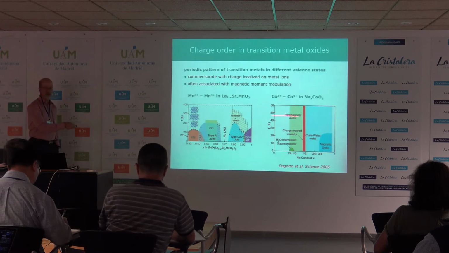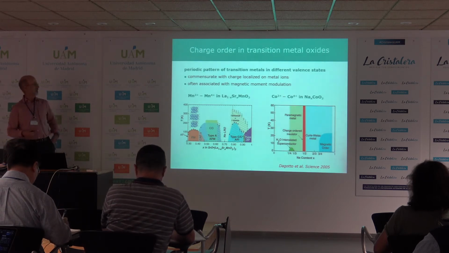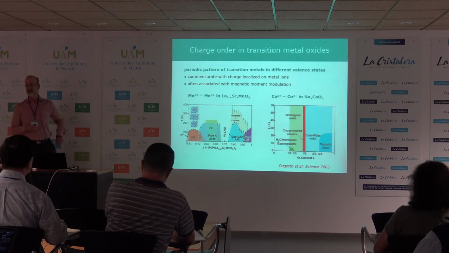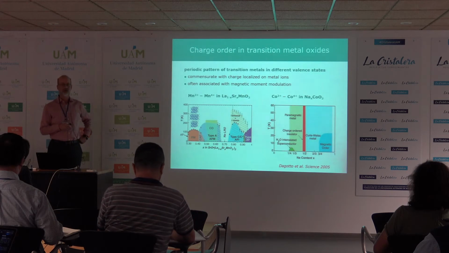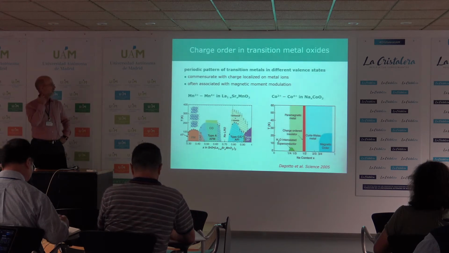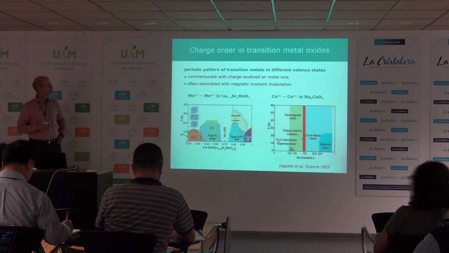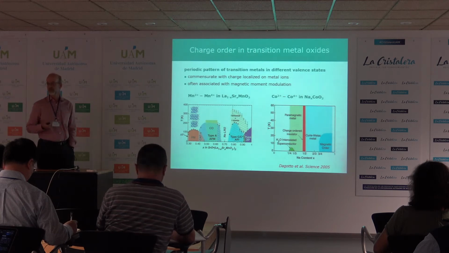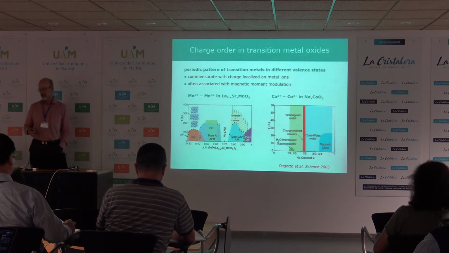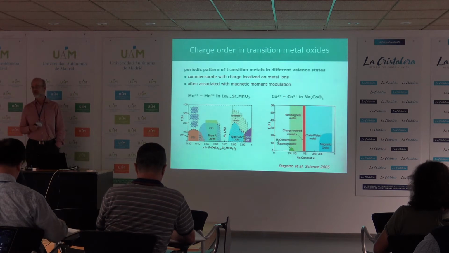And when you're somewhere in between, you tend to get ordered patterns of these two valence states. This is a very common kind of situation in transition metal oxides. You also have the cobaltates, the nickelates, etc. And here, because you have these ionic valence states that are stable, people look at it in real space rather than momentum space, and most often these kinds of states are commensurate.